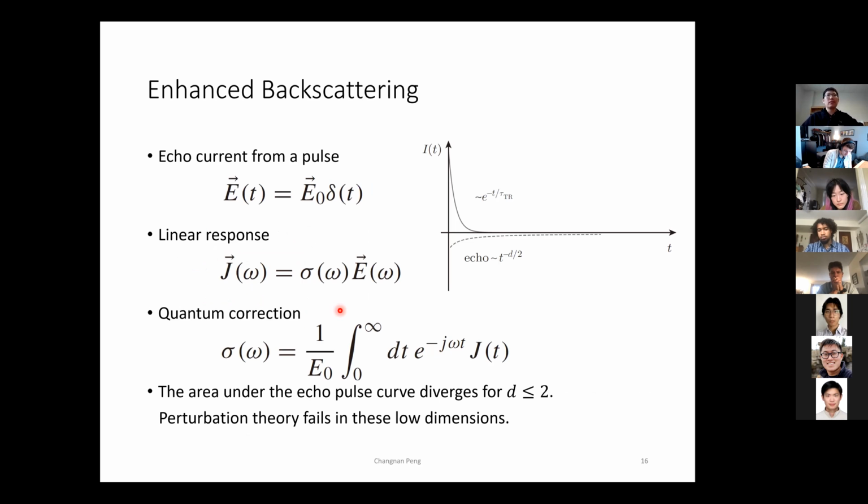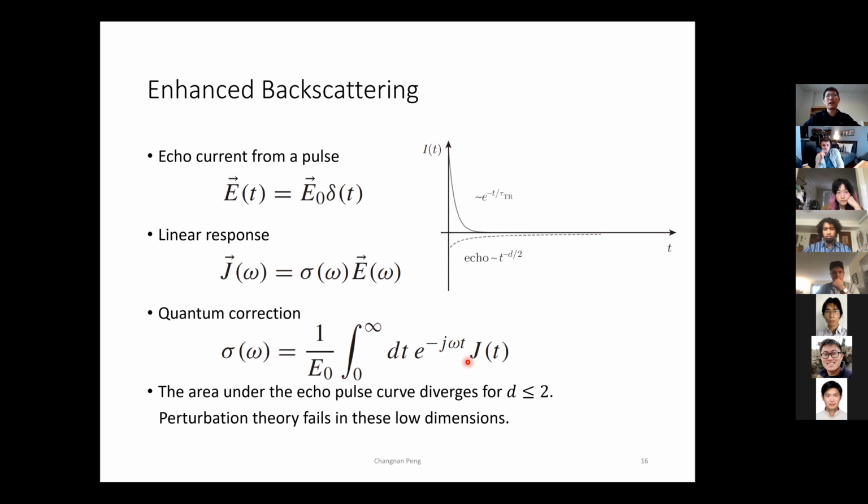Another effect of this enhanced backscattering is that if we input a pulse to the system, it will bring a negative current echo, because the backscattering is an extra piece to the classical process. It's a quantum correction. So using linear response, we can formulate the correction to the conductance from this negative current echo.